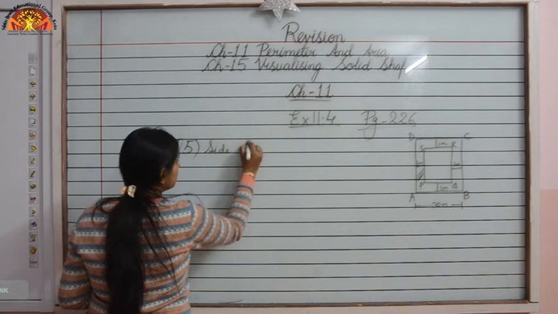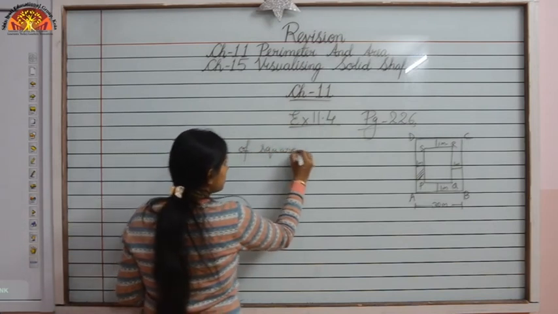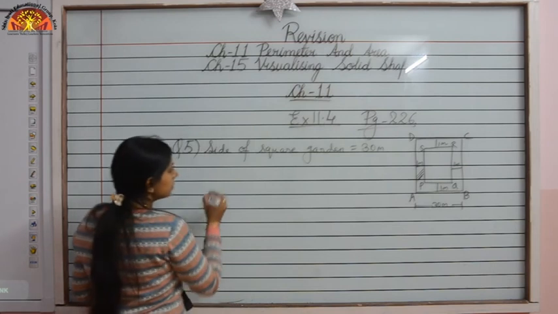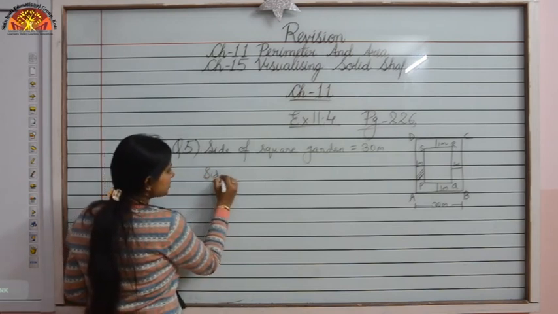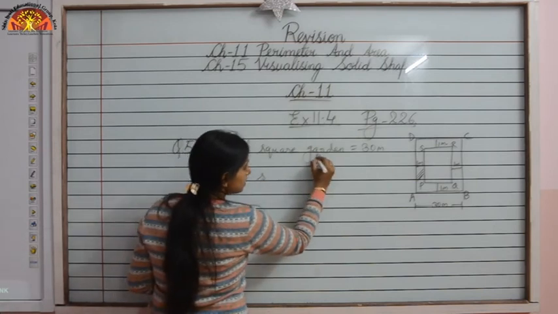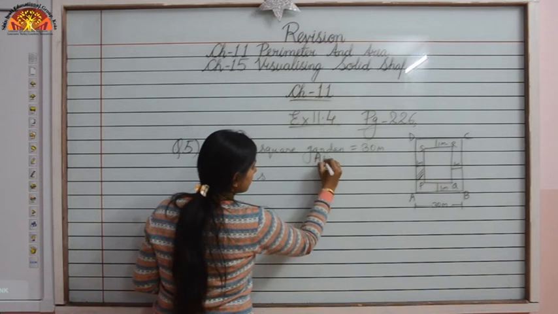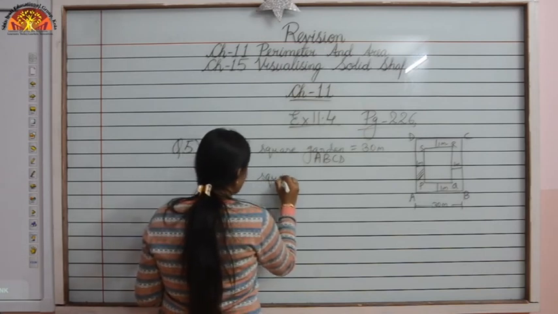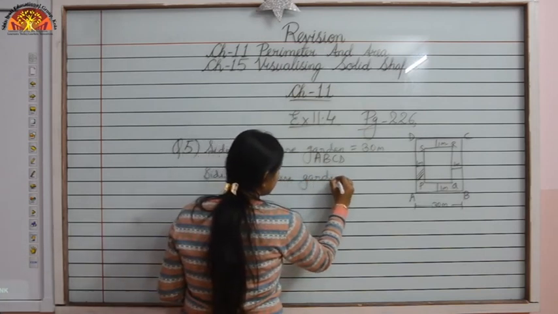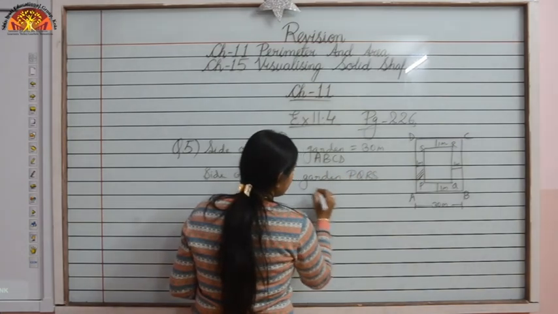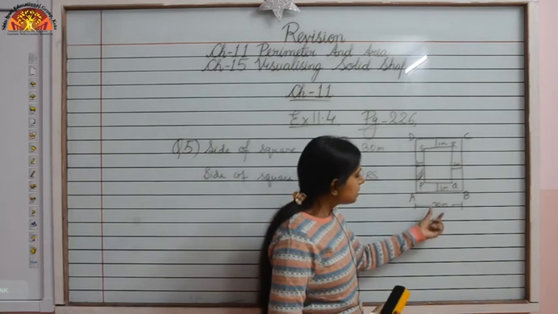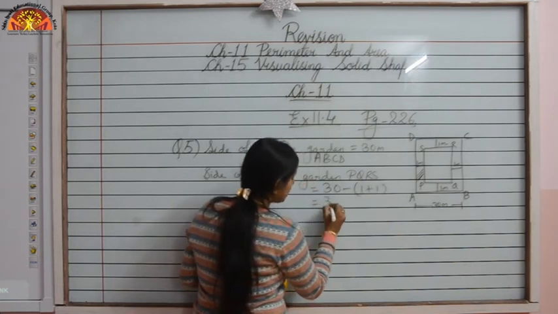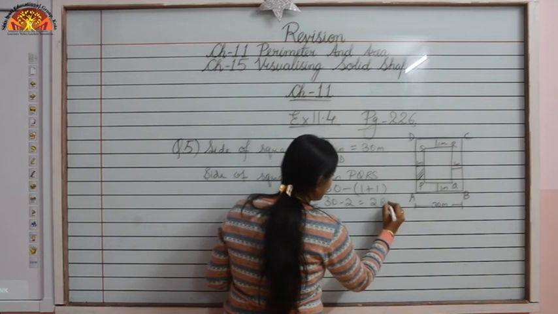Side of the square garden ABCD is equal to 30 meters, and the side of the square PQRS will be reduced from both the sides, that is 30 minus 1 minus 1, that is 30 minus 2, that is equal to 28 meters.